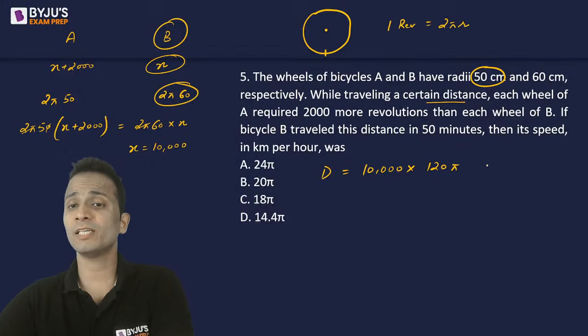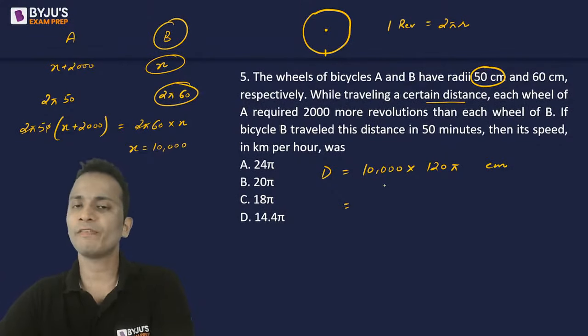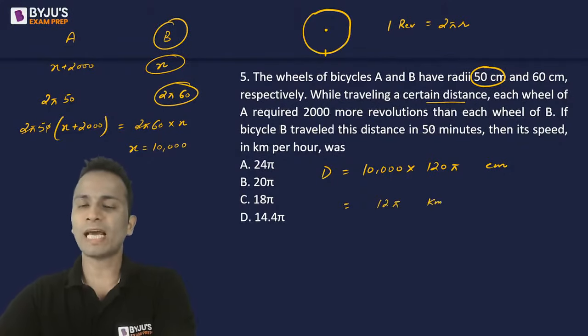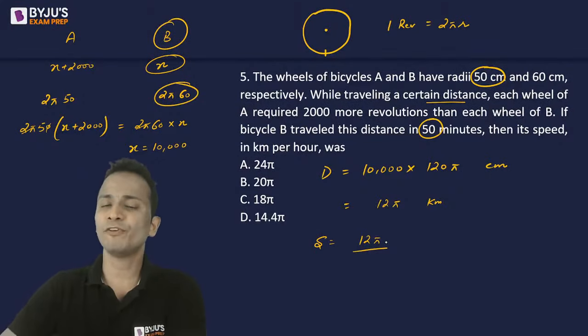Now this distance is in terms of centimeters. So if I convert it in terms of kilometers, I will have to divide it by 10 raised to the power 5. So this will come out to be 12 pi. Now the time given is 50 minutes. So the speed will be equal to distance, which is 12 pi, divided by 50 minutes.